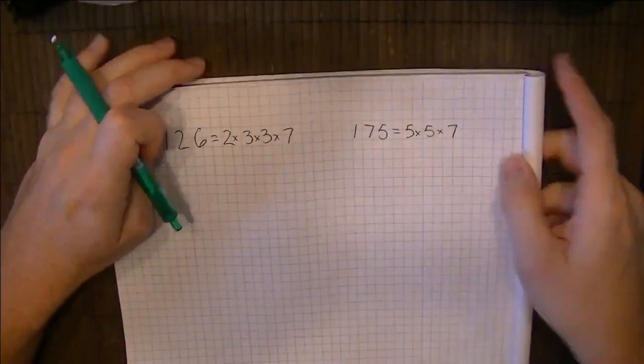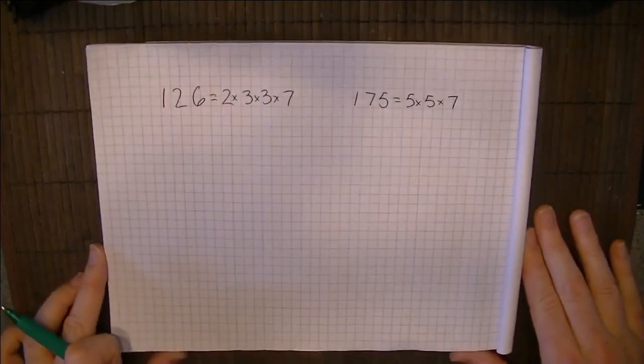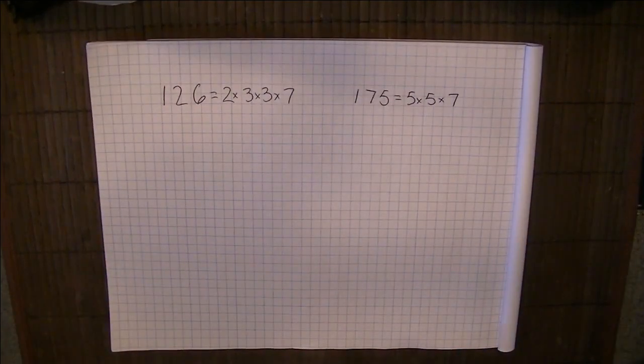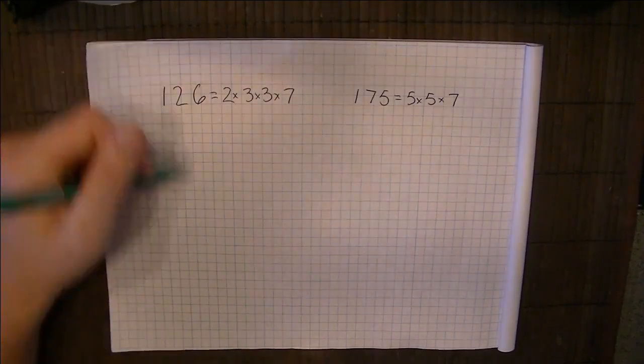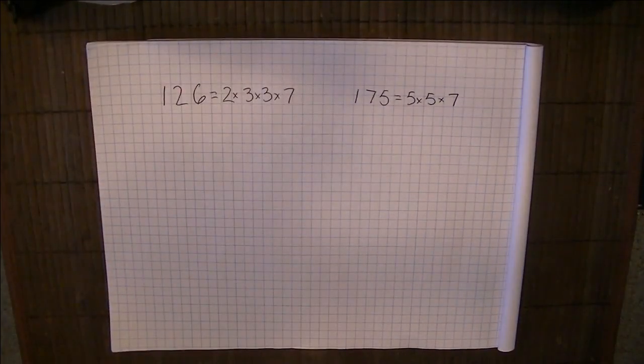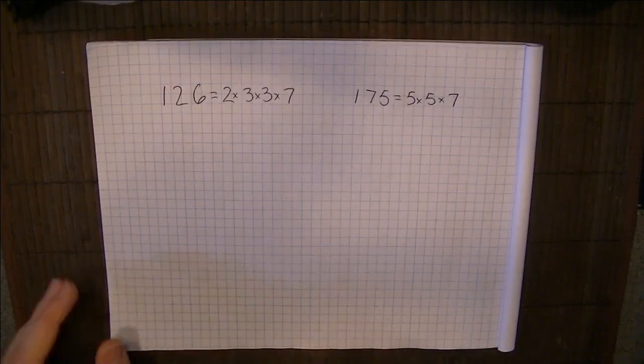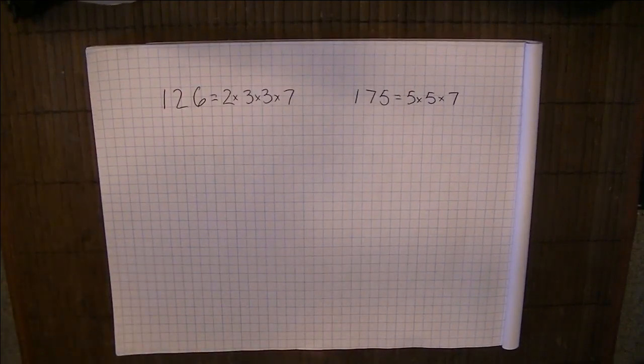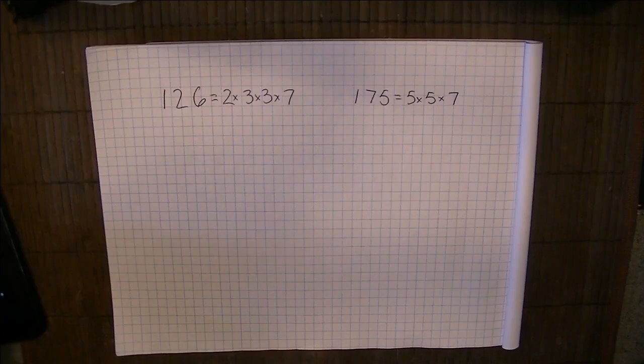Here we go. We've got 126 and 175. So one way of finding a common multiple would be to just list all the possible numbers. Now that can take a while, but I've got the power to fast forward, so to shrink time.